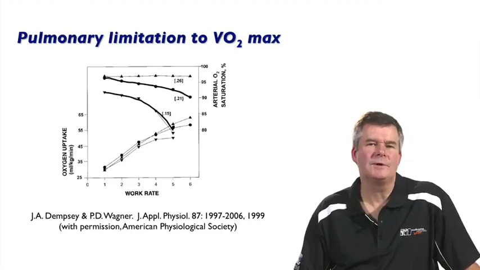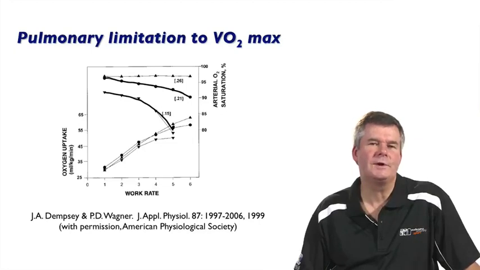You see large increases in cardiac output, maximal cardiac output after training. There's relatively little change in the morphology and the diffusion characteristics of the lung, and this reduction in transit time challenges the ability of the lungs to fully oxygenate the pulmonary blood.